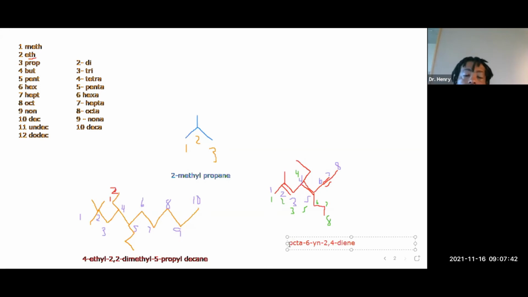And then in terms of the side chains, we have 2-methyl, we have an ethyl on the 4th carbon, so 4-ethyl, and we have a propyl on the 5th carbon.